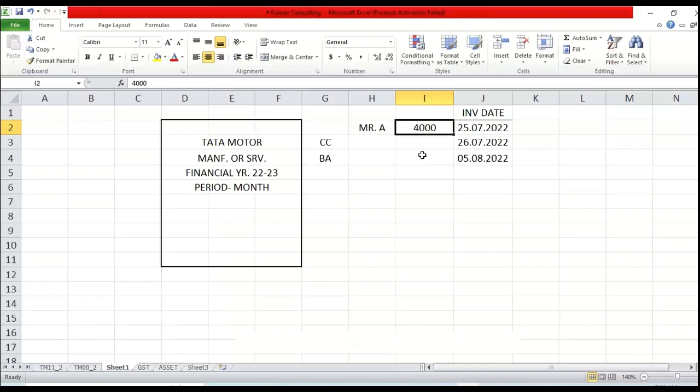So every month certain amounts they are going to pay to that builder in terms of rent. So rent-related invoices are going to be sent by the builder.